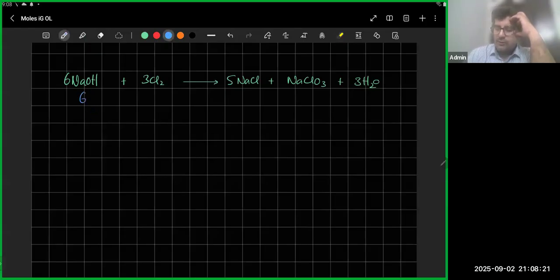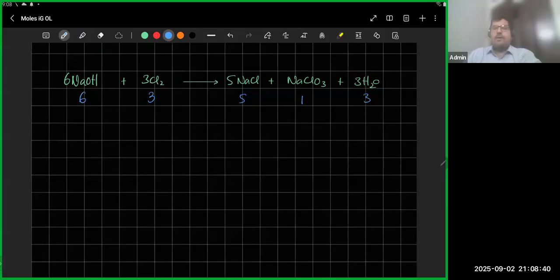So you've got this ratio, which is 6 NaOH react with 3. So it's like a recipe. You have to add 6 NaOH and you have to add 3 Cl2s. And as a result, what is going to be produced? 5 NaCls and 1 NaClO3, and there's going to be 3 H2O. So an equation is like a cooking recipe.